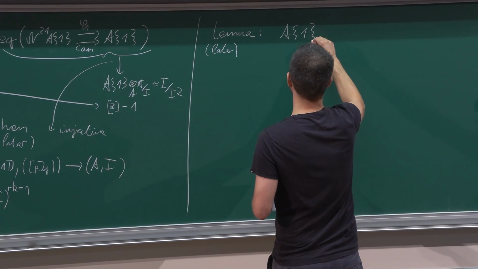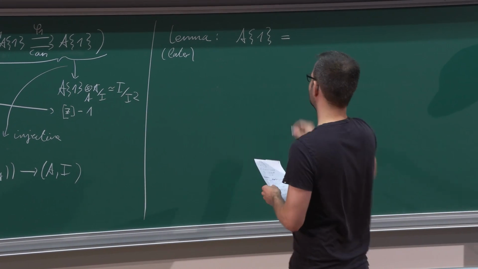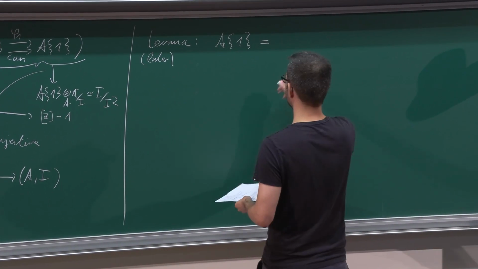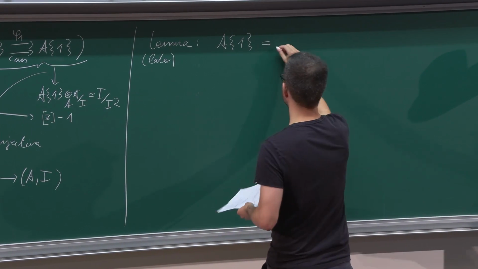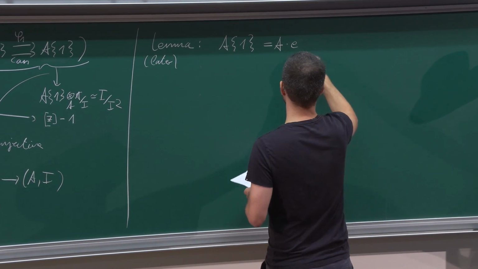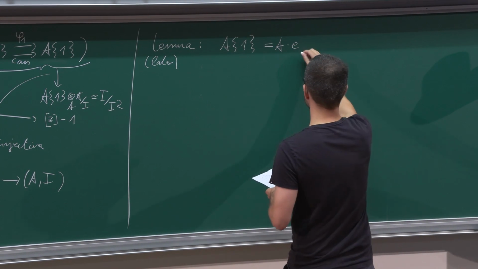The Breuil-Kisin twist in this case we know already that it must be trivial, but one can also give a nice trivialization.